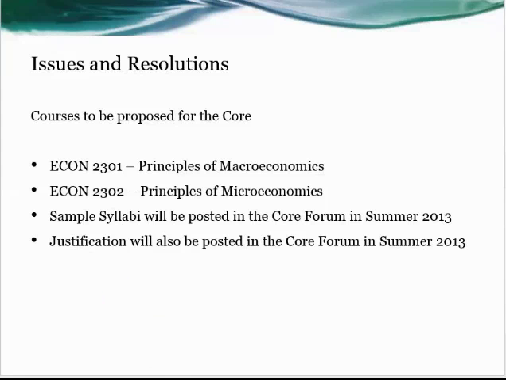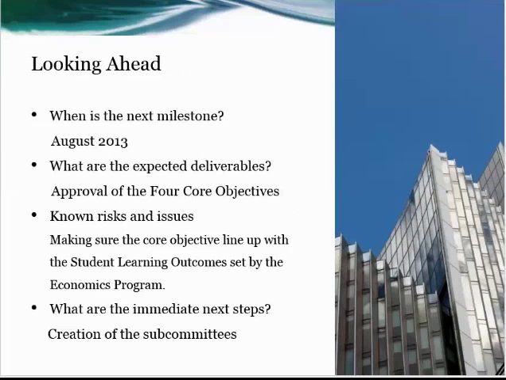So what other issues are in front of us? Well, looking ahead, the next milestone is August 2013 in preparation for instructional day. The expected deliverable on that day will be the approval of the four core objectives by the economics program. The known risks and issues are making sure that the core objectives line up with the student learning outcomes set by the economics program.